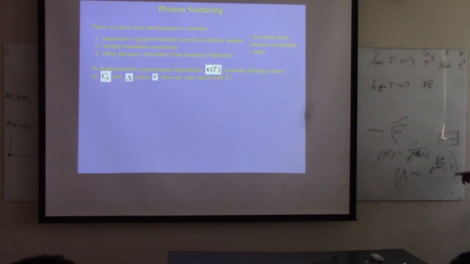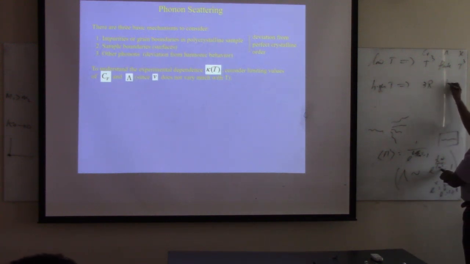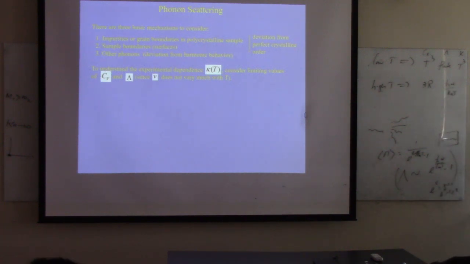For gamma, high temperature means this term becomes small, right? That means e to the x you can write as 1 plus x, right? So e to the x minus 1 means x. That means this goes like h cross omega over kBT, right? Is it clear?